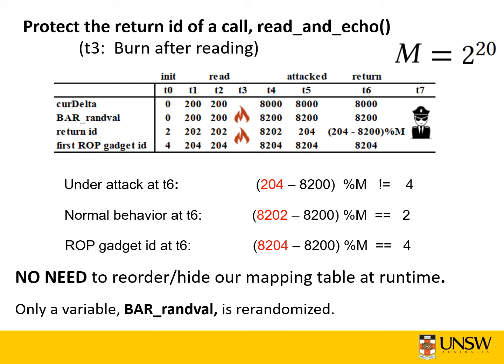The burn after reading at T3 makes the gadget ID 204, which the attacker got at T2, still. That is invalid, such that the attacker cannot successfully hijack the control flow to the ROP gadget he needs. It's important to note that we do not need to reorder or hide our mapping table during runtime rerandomization. This design makes it extremely fast.